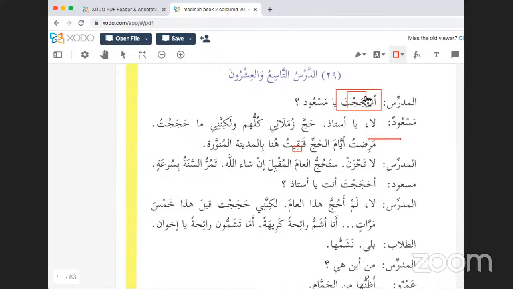And as you can see over here, jim and jim, they've come together in the verb ahajajta. So the teacher asks the student, have you performed Hajj? He says to him, ahajajta.